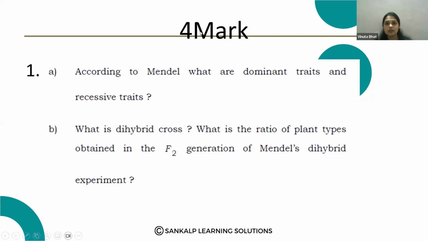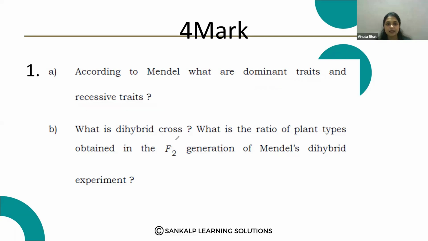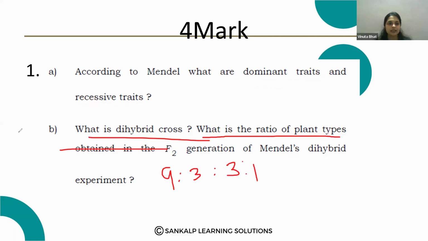We know the answer for the first question. The ratio in the F2 generation is 9:3:3:1. You have to write the definition of the dihybrid cross.